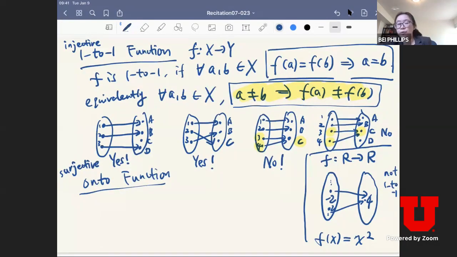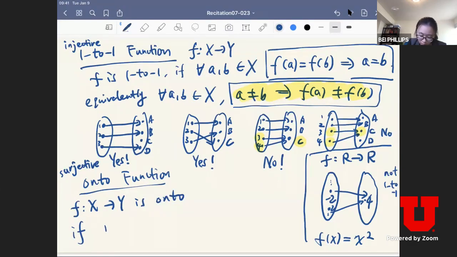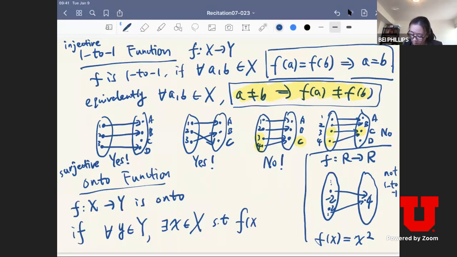So a function f from X to Y is onto if for all y in the codomain there exists x in the domain such that f(x) is equal to y. So that means for every element in the codomain, I have something that maps to it. Okay.